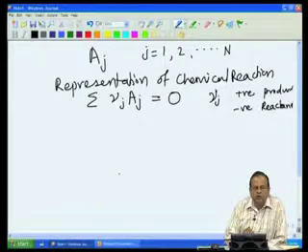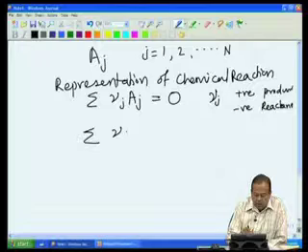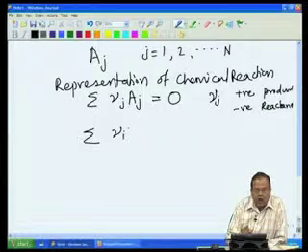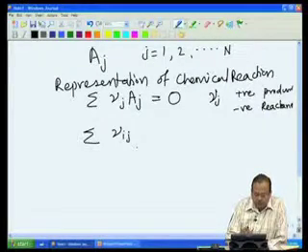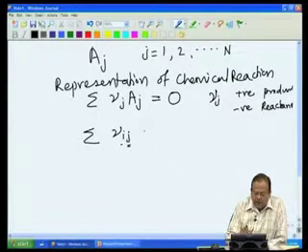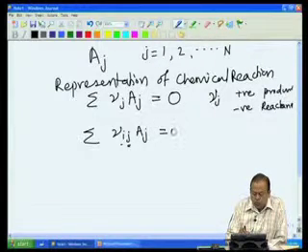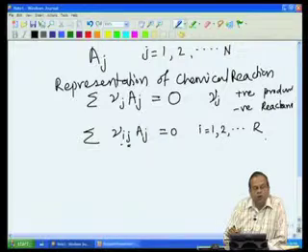So, we extended this representation to consider large number of reactions by saying that let me associate a subscript i with the reaction now, and nu_ij is the stoichiometric coefficient of the species j in the ith reaction, and therefore, my ith reaction will be summation nu_ij A_j equal to 0, and i can go from 1 up to r such reactions.